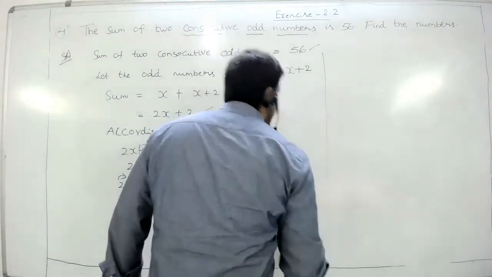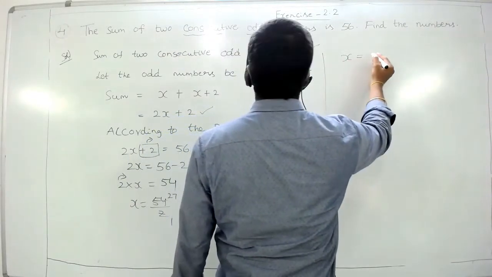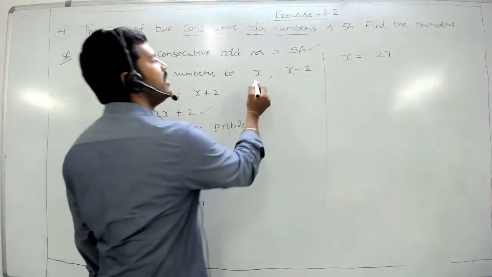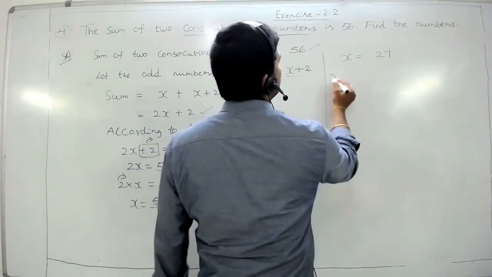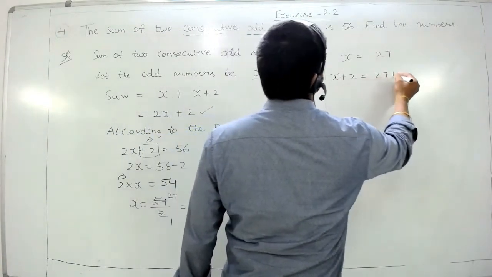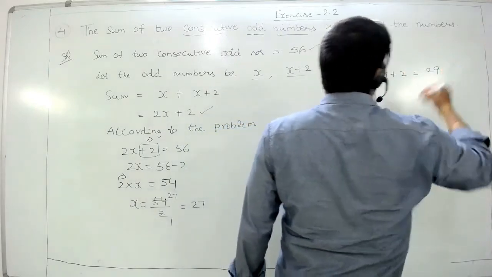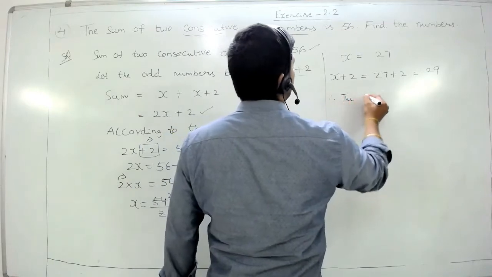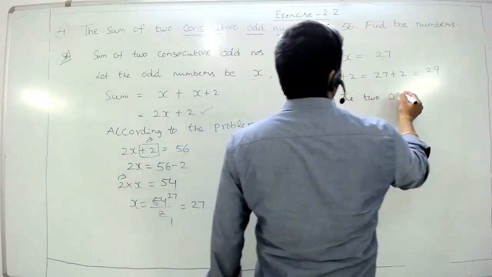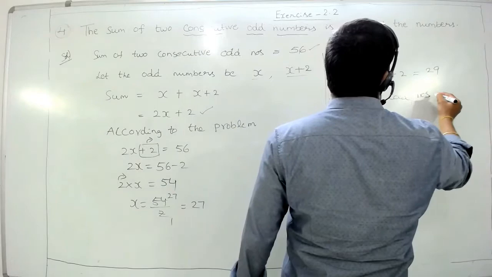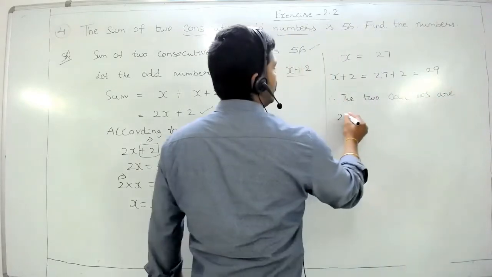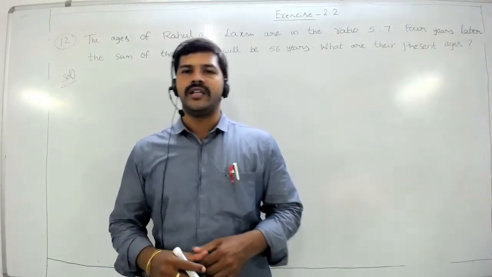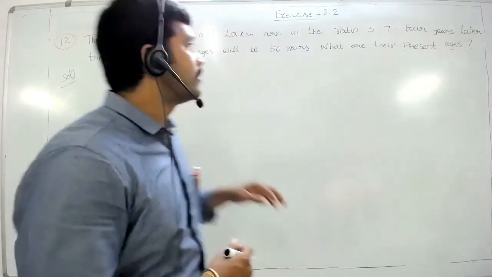Okay, now we got the value of x, that is how much? 27. So what we have to find finally? x and x plus 2. So let us find x plus 2, that is nothing but 27 plus 2, that is 29. So finally, the conclusion, the two odd numbers are 27 and 29.